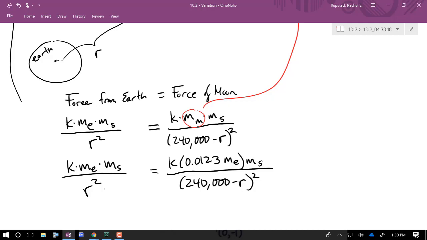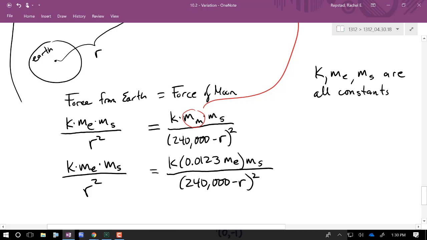But here's the other thing that's important. The values of K, M_E, and M_S, these are all constants. Certainly the mass of the Earth is not changing, and if we neglect to account for burning fuel, which is pretty negligible in the total mass of the system, then the mass of the spacecraft is also not changing. So that means that the product K, M_E, M_S is also a constant.